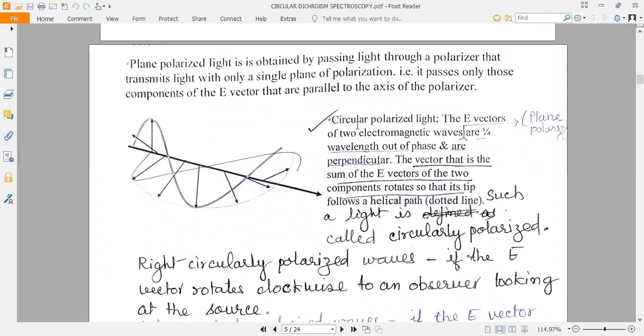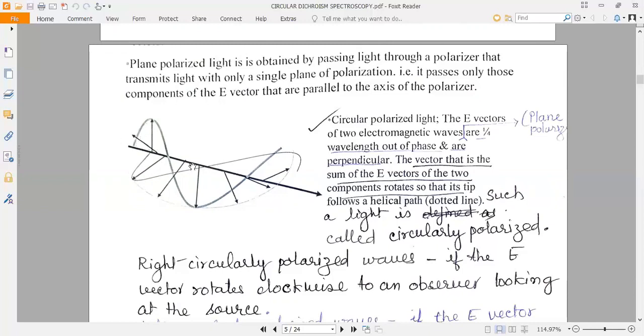The E vectors of two electromagnetic waves of plane polarized lights are 1/4 wavelength out of phase and are perpendicular, like this.